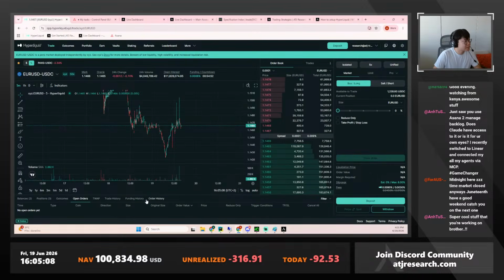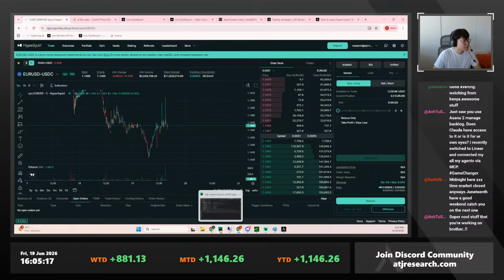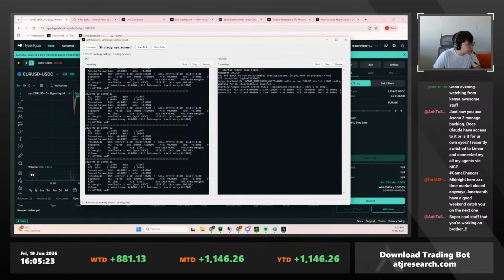So let's check the EURUSD chart here and see if we have any signals. So right now the bid and ask spread is 2 and 3, 0.00. Yeah, I think it needs to go even lower, right?